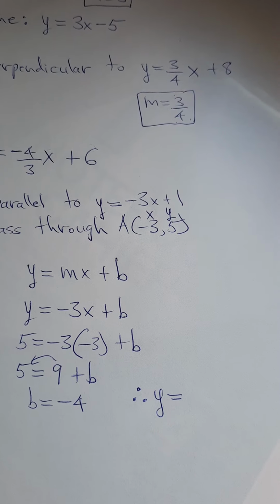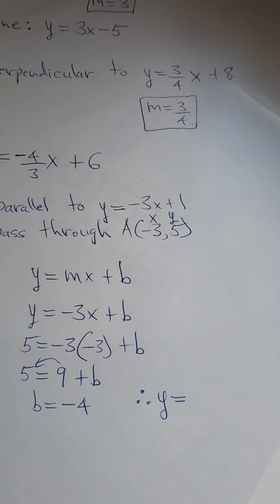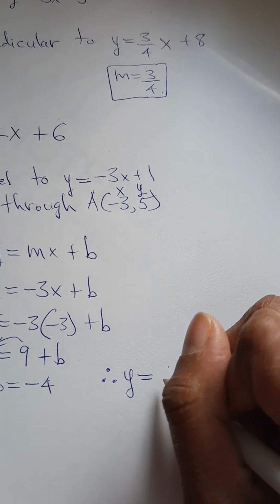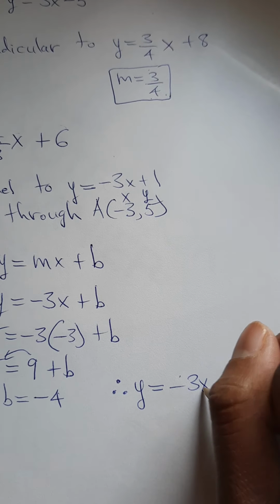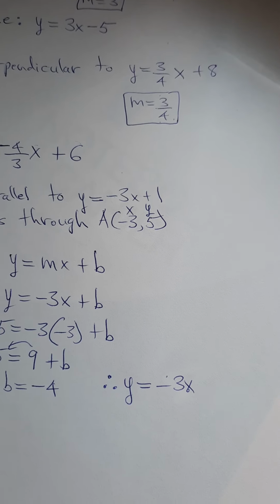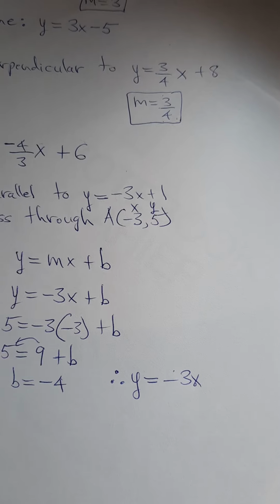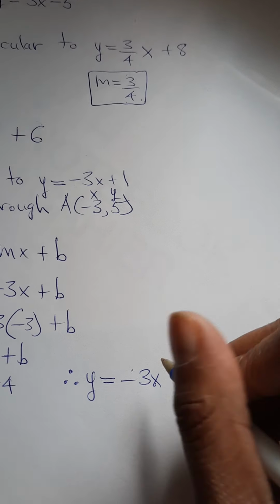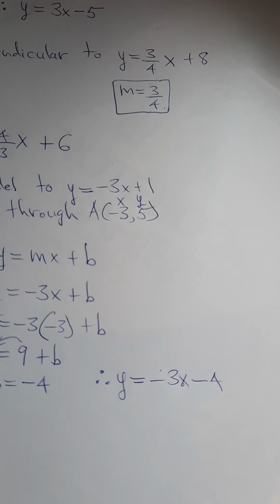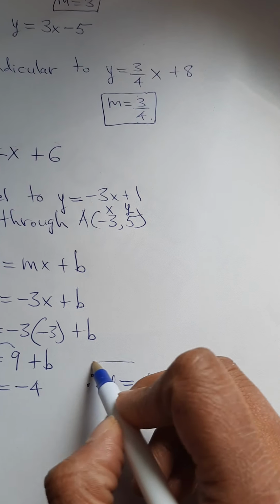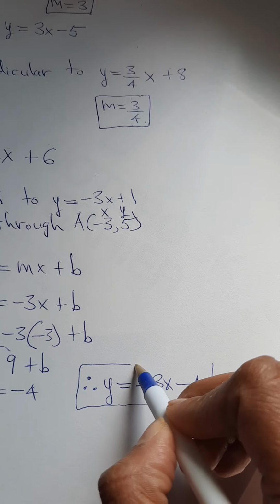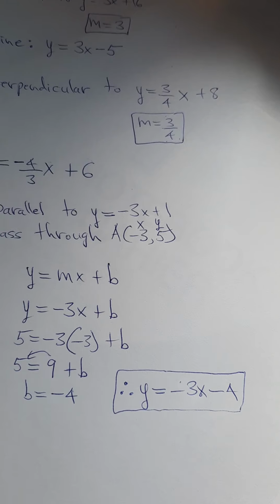So the final equation is going to be, I have my slope, which is negative 3x, and I have the b value as well. So negative 3x minus 4. And this is basically going to be the final answer of your equation.